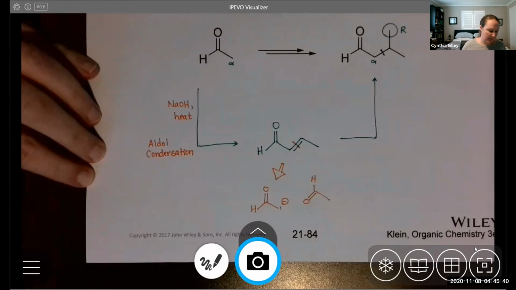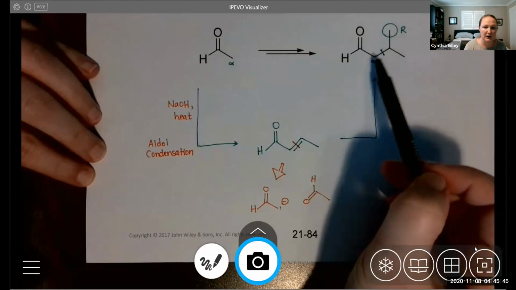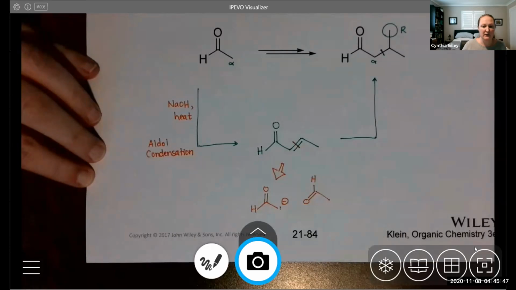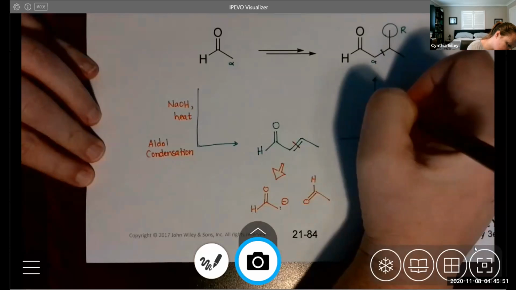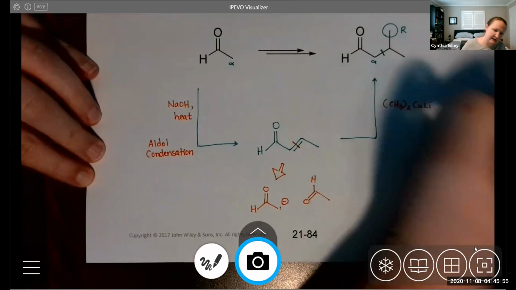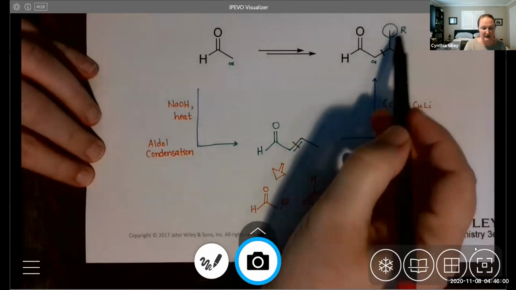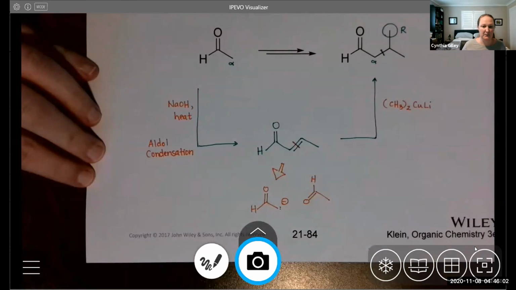Notice that if we want to add just a typical alkyl group through conjugate addition, our nucleophile needs to be a Gilman reagent. So we're going to use a Gilman reagent where our group is a methyl group. That will be the appropriate Gilman reagent to introduce it.